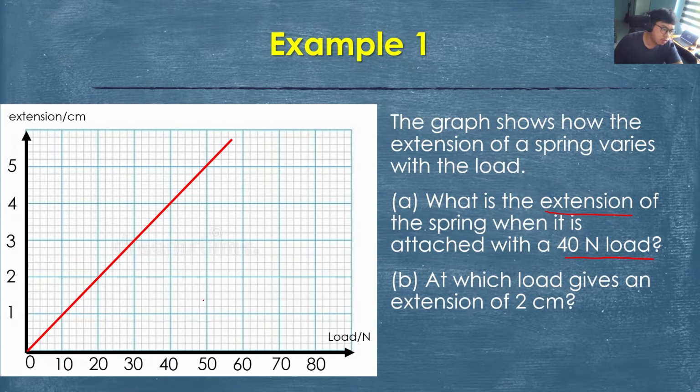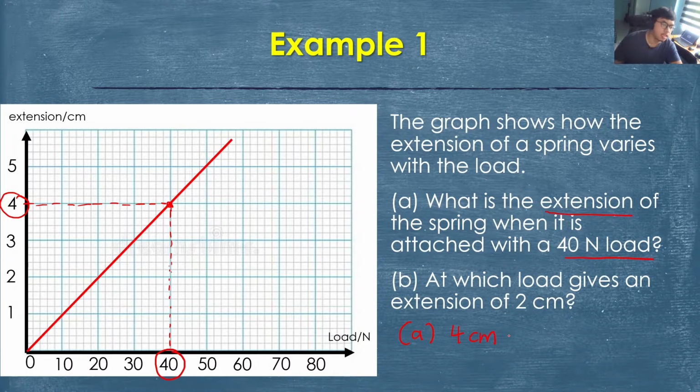How do we read this graph? The force is 40 Newton, so this is the force. All we have to do is, from this force, go up until you touch the graph, and then go to the y-axis. Whatever number you land on, that is the extension. So for A, the answer is 4 cm.